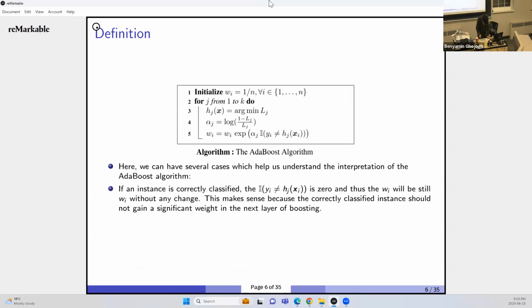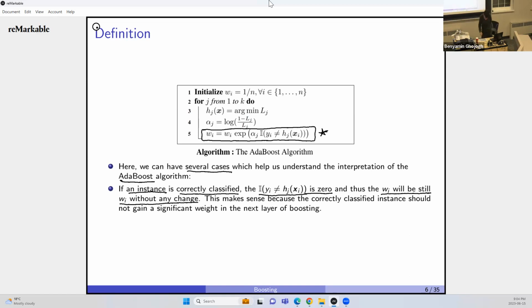Here we can have several cases which help us understand the interpretation of the AdaBoost algorithm. Now consider the cases. Are you following me? If an instance is correctly classified, this indicator function is 0, right? And thus wi will still be wi without any change. Why? Take a look at line 5. I'm talking about this line. Case 1: my jth model estimated the class label of xi correctly.